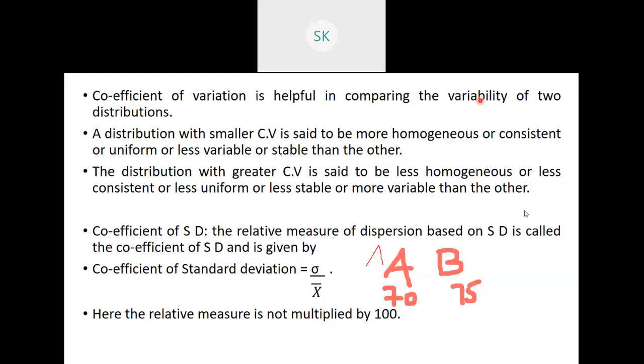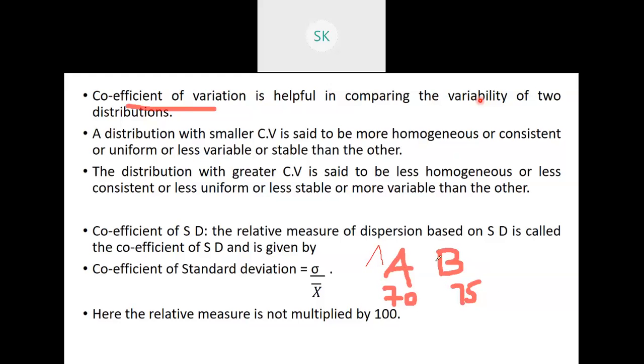Now here what is going to happen is we have to compare these two people's marks, that is 70 and 75. In this scenario we will be using coefficient of variation to compare the marks. Whoever gets the better marks will be considered the brighter student, the good student in the class, based on the marks.